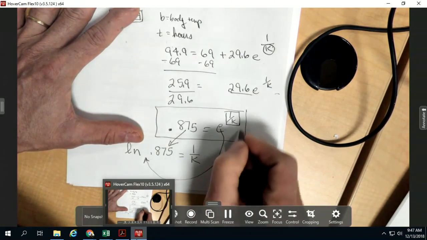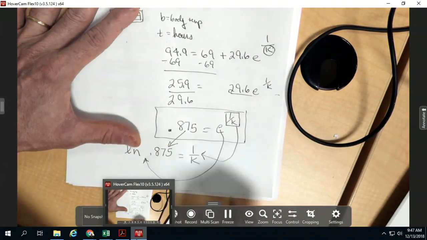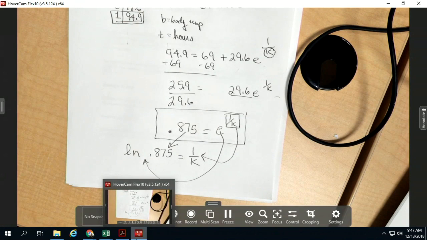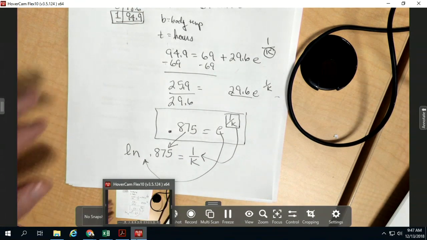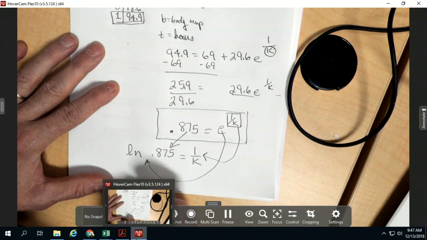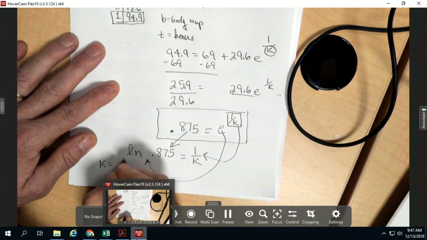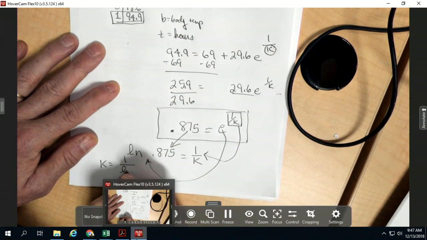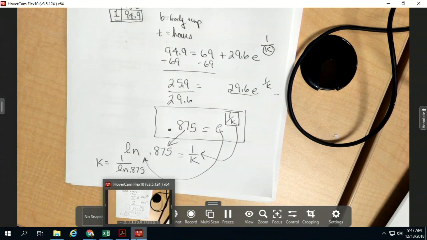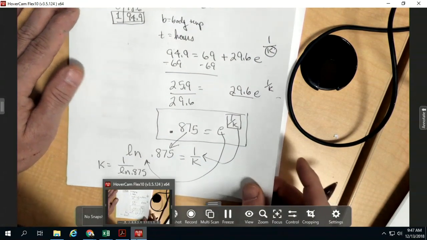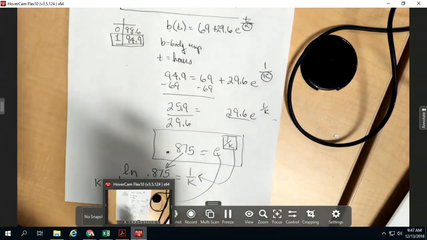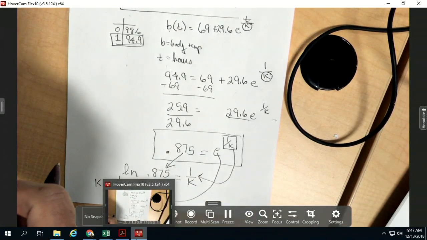This number is the base. This number is the exponent. Or you could rewrite this as k is 1 over ln 0.875, which is negative 0.133.